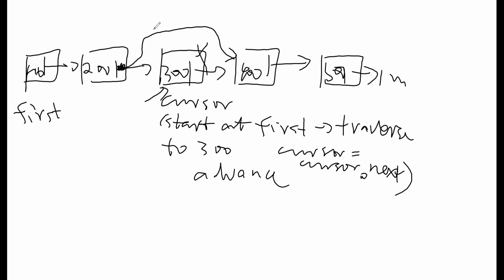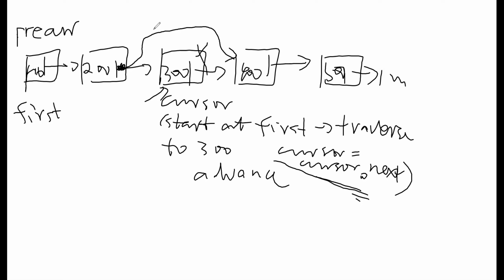Because when you do your traversing, you only advance the cursor. There is no such thing as keeping track of the node ahead of it. So the idea is we can have another variable. We call it a precursor.